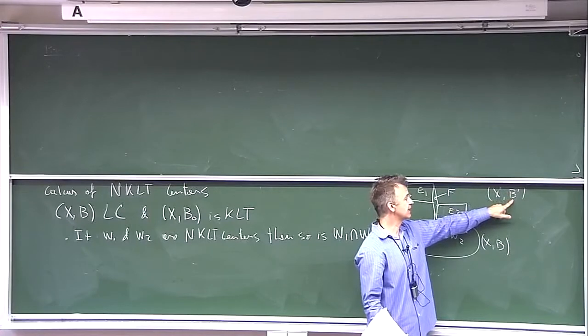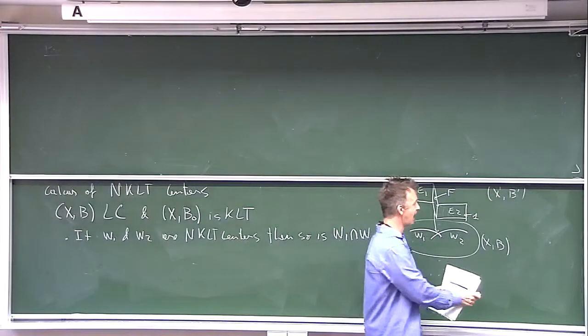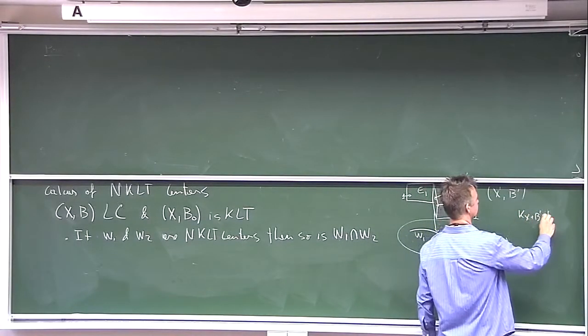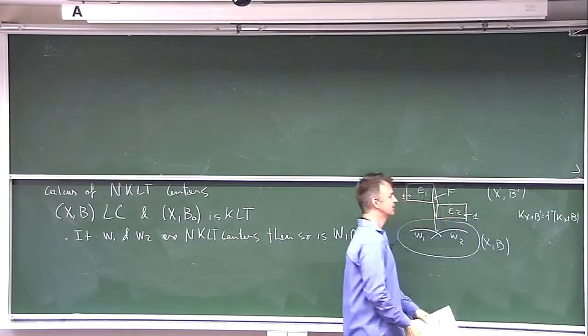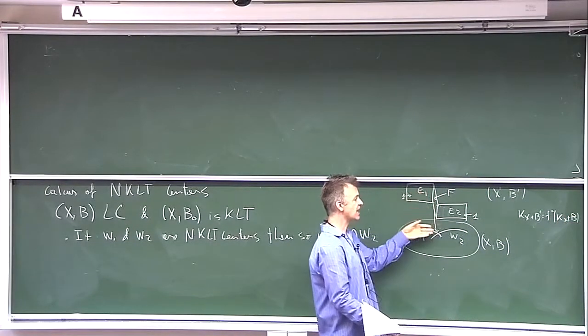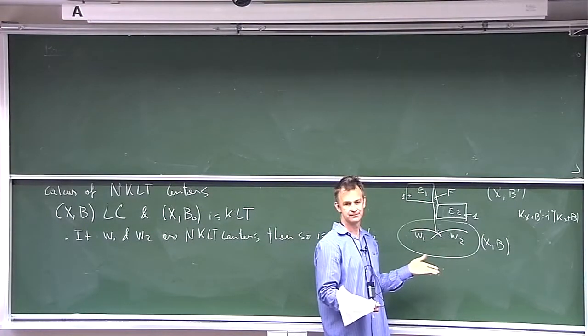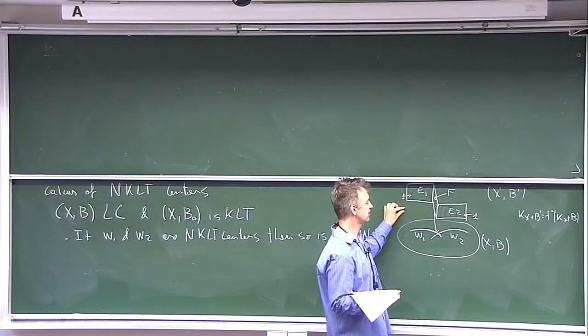The stuff with negative coefficient is clearly going to be exceptional for this map. And K_X' plus B' is the pullback of K_X plus B. So it's trivial, but for a birational map, trivial means nef and big. So this is one of the situations in which the connectedness theorem applies.